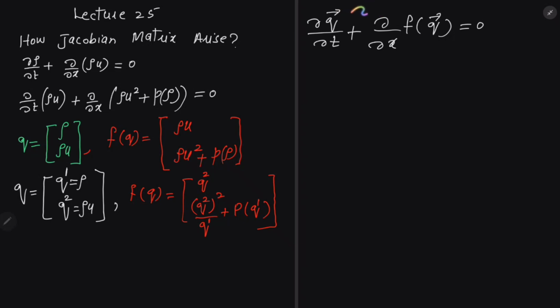To emphasize one very important point, there is a vector sign over q because q is a column vector.